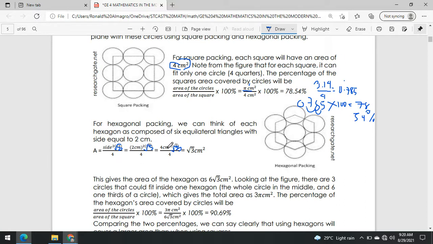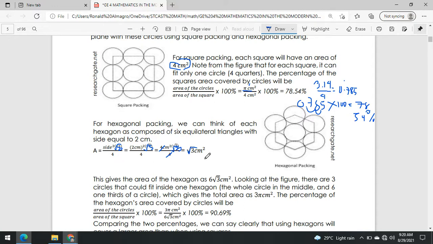So 2 times 2, 2 to the power of 2, we have 4. Cancel out the 4 and 4. We have square root of 3 centimeter square unit.